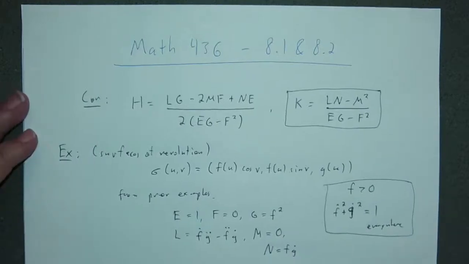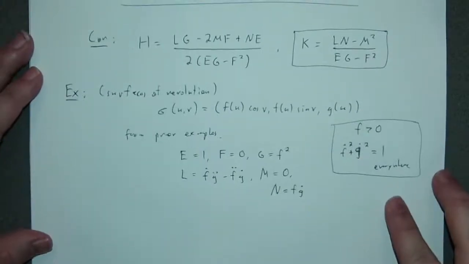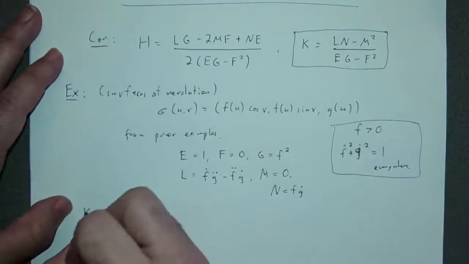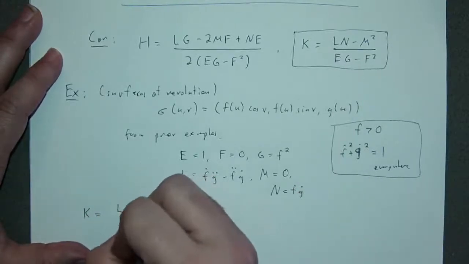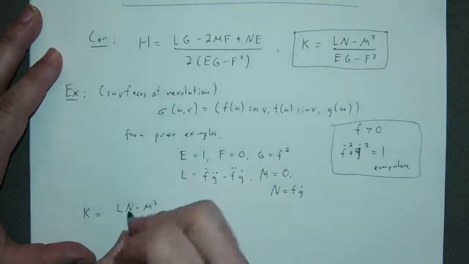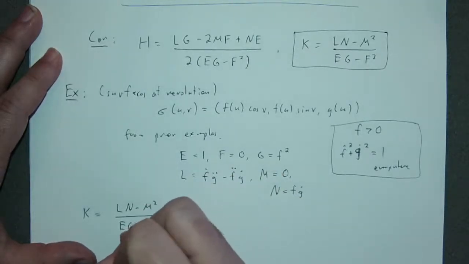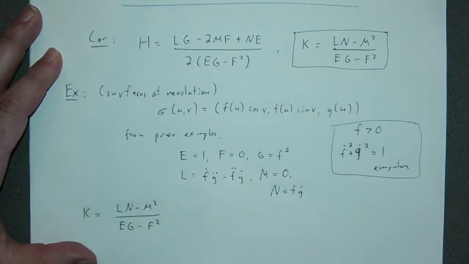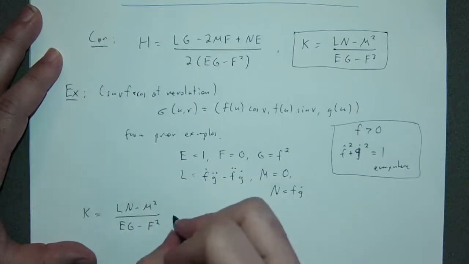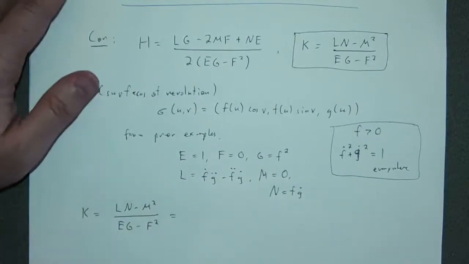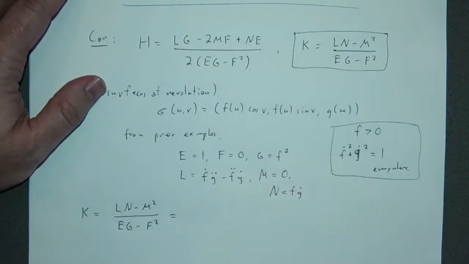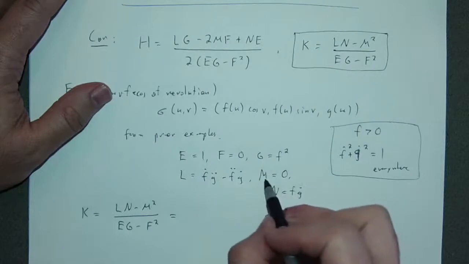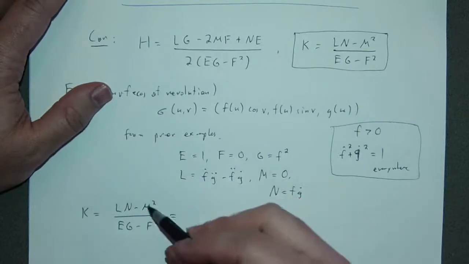So now it just means we want to put this together to write our curvature here. K is (LN minus M squared) over (EG minus F squared). Putting this directly in here, M is 0, F is 0, so these terms go away.